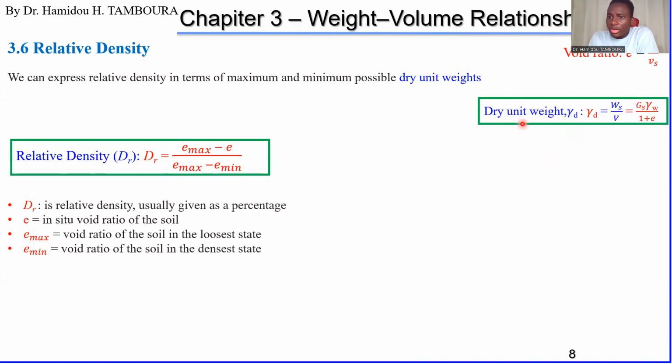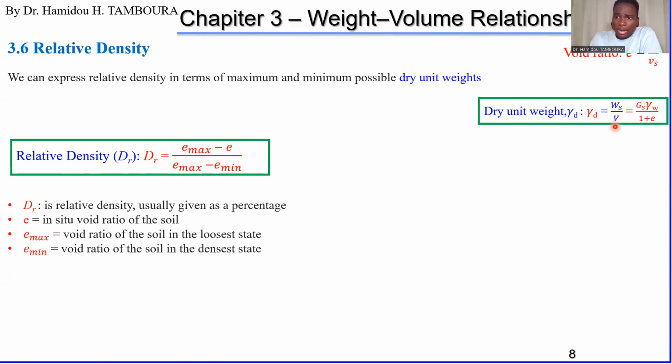The dry unit weight, as we talked about before, can be obtained with the weight of soil particles, the solid part of the soil, divided by the total volume of the soil. This is the definition of dry unit weight.